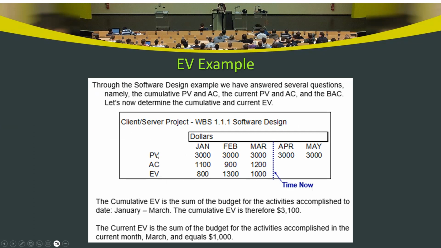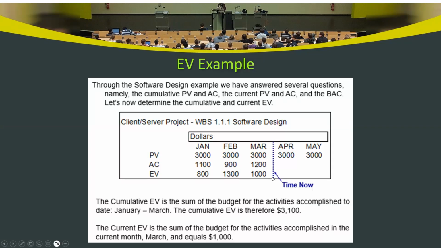We already talked about PV and AC. Now EV, earned value: for January we have 800, for February we have 1300, for March we have 1000. And this dotted line is the time of data observation.